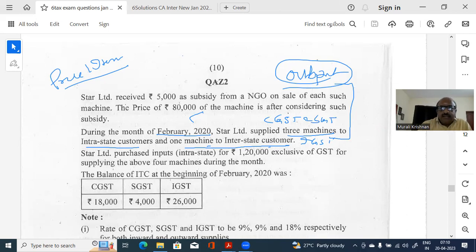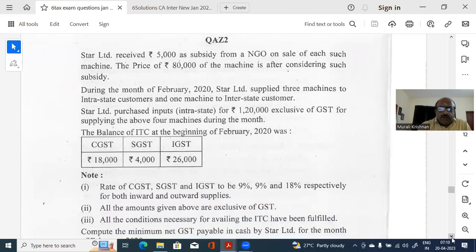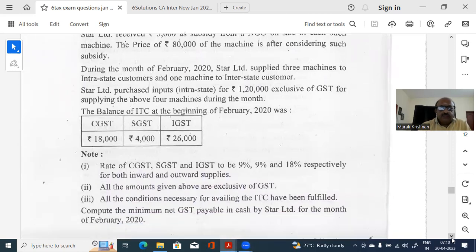Now, having done that, let us look at the other issues. As I told you, now we are talking about input. He purchased during the period intrastate. Now, all these are important because as you read it, you have to take care of this. 1,20,000 exclusive of GST. Sometimes it's inclusive, then you have to be careful.